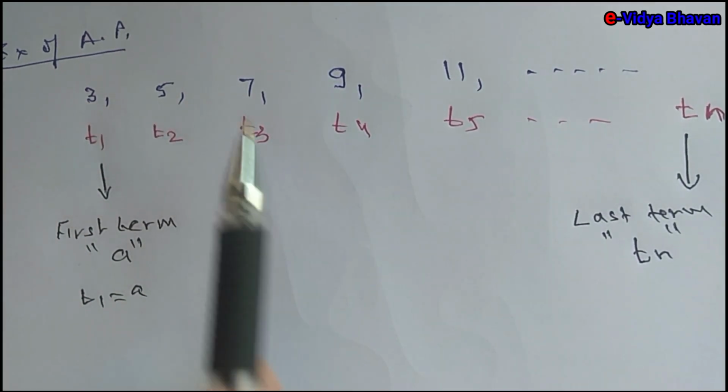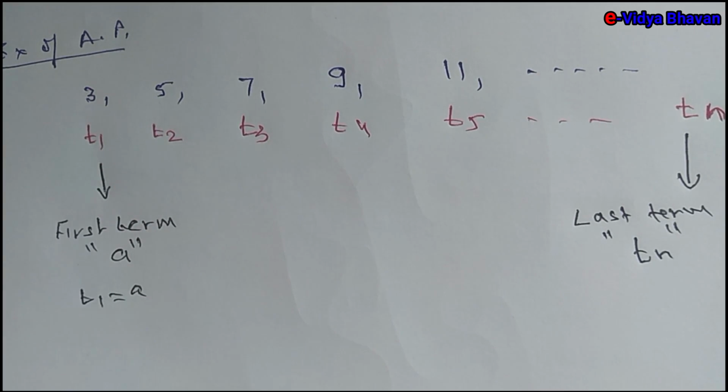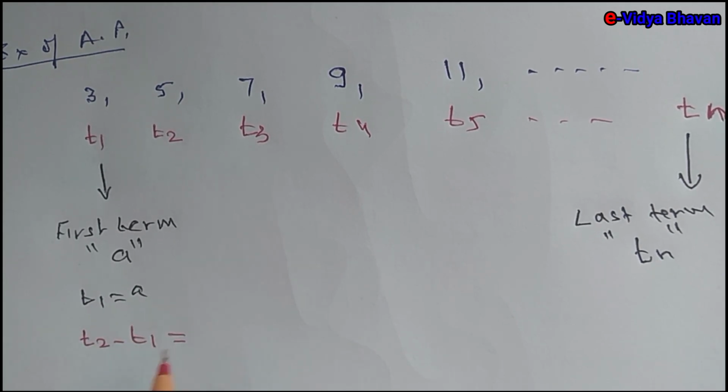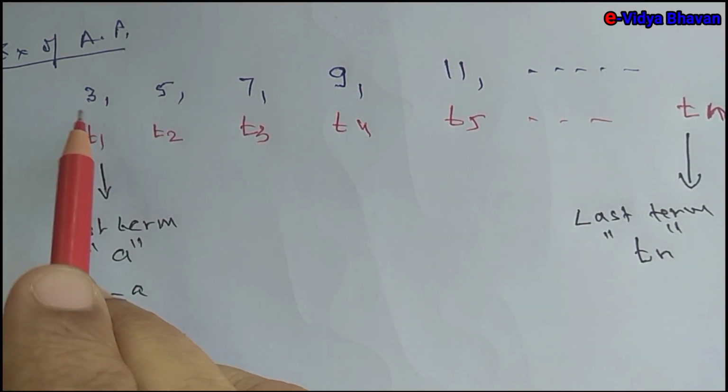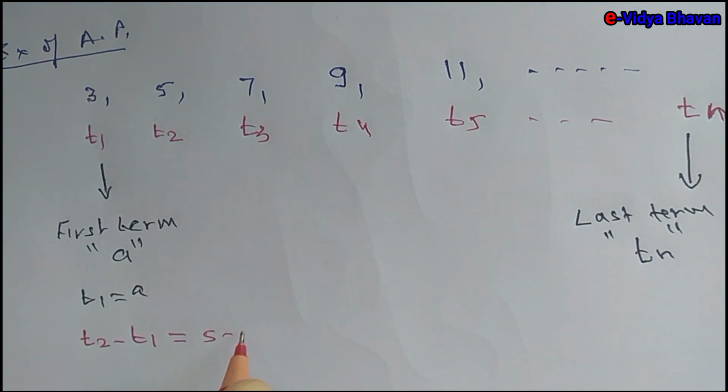So let us put in writing T2 minus T1, that is 5 minus 3. What do we get? 2.